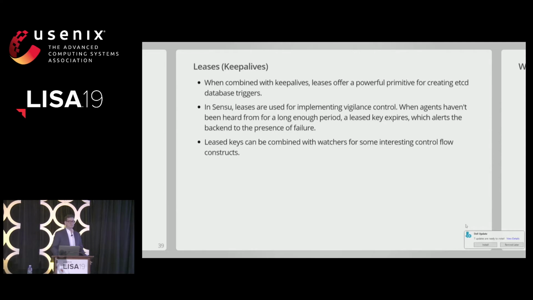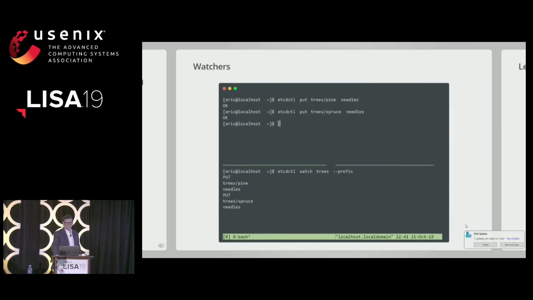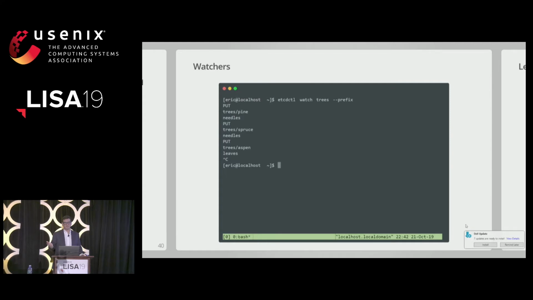So leased keys can be combined with watchers for some interesting control flow constructs. A watcher is basically something that alerts you when an operation on a key occurs. Let's say I'm watching the trees prefix here, and I want to know when trees are arriving in this prefix.